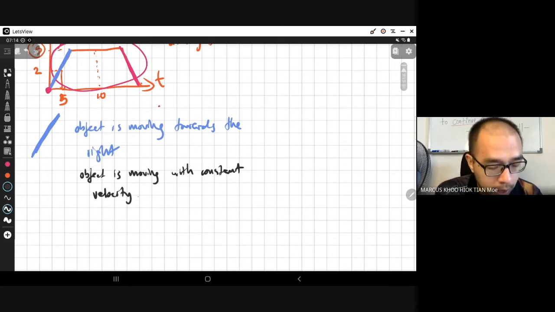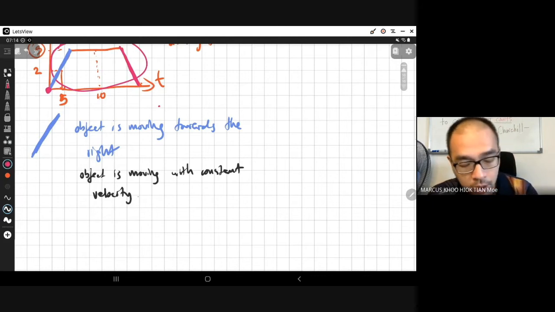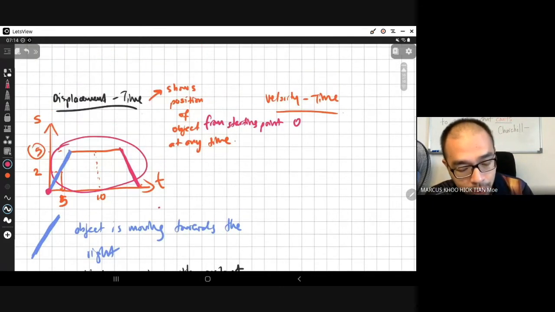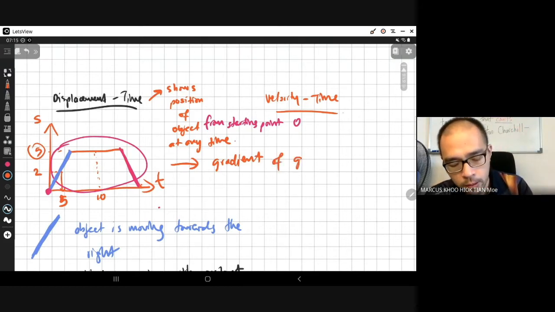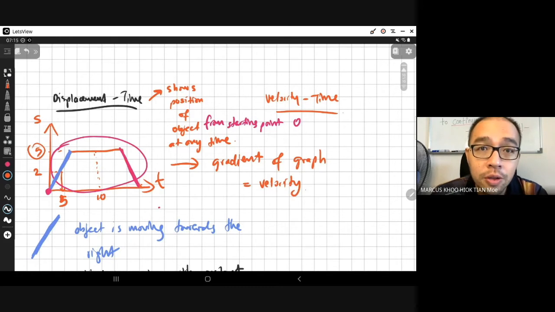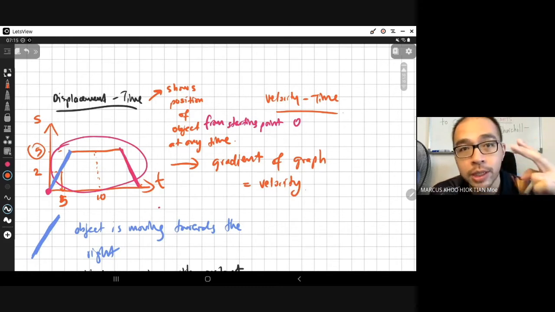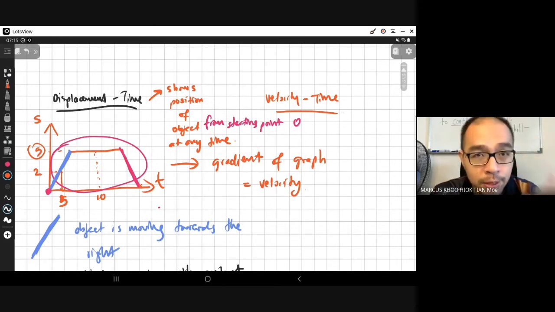Why? How do we know that it is moving with constant velocity? Because in a displacement time graph, when you calculate the gradient of the graph, it shows you the velocity. So this is the only two information that you can get from the displacement time graph.